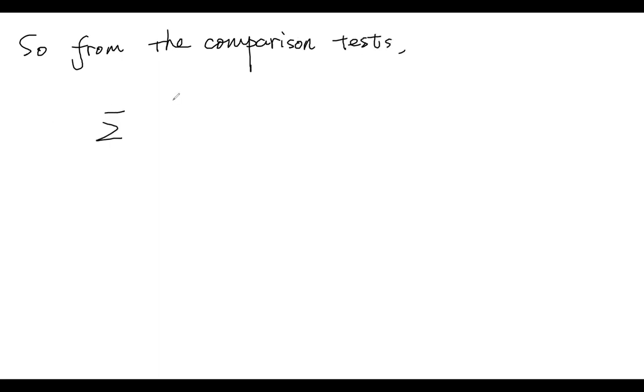So from the comparison test, the series 5 over 2n squared plus 4n plus 3, n from 1 to infinity, converges.